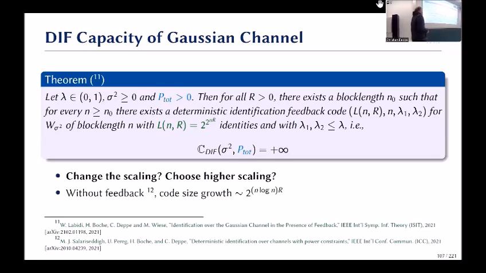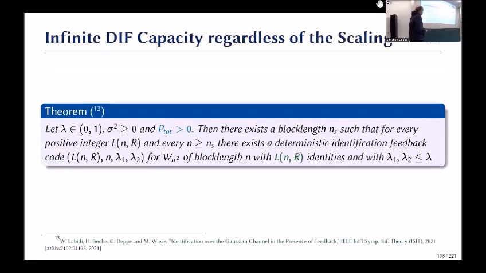We know that without feedback, for deterministic identification, we have this growth, but even if we change it here, it doesn't help us. And that in general is good. We can use any scaling, and this doesn't help us. That's very surprising. We can use 2 to the 2 to the 2 to the 2 to the nR, and it still gives a non-finite capacity.